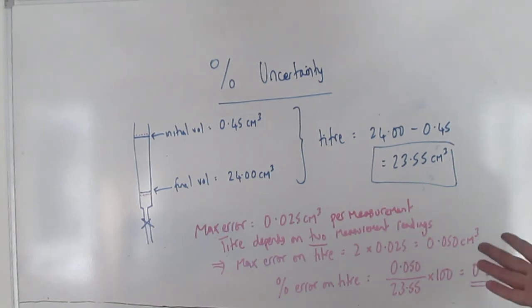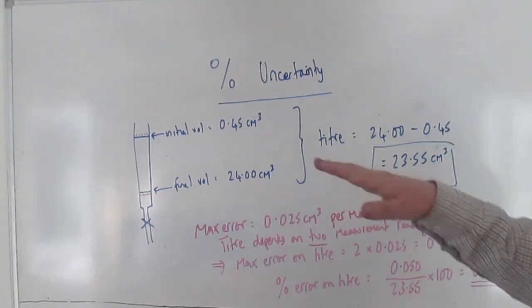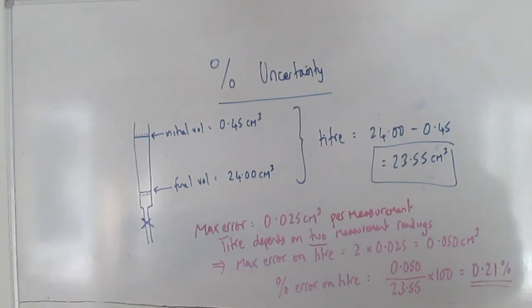So you're liable to be underestimating the percentage uncertainty if you just work it out from the resolution like that. So quite commonly they'll just tell you what the percentage uncertainty on each reading is, but you then have to remember about combining the errors like that.